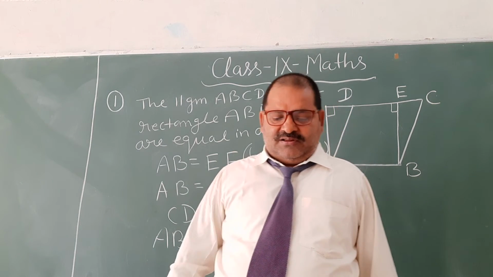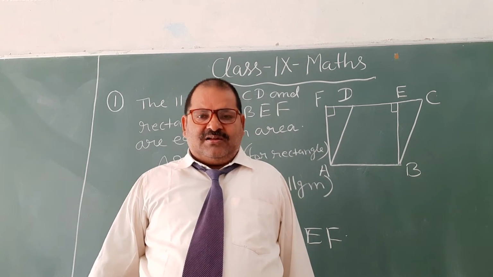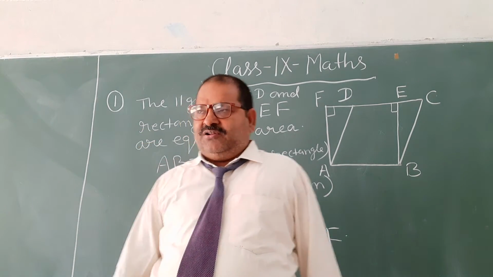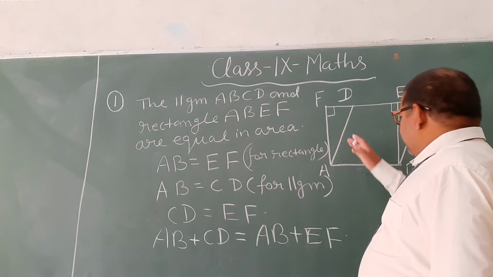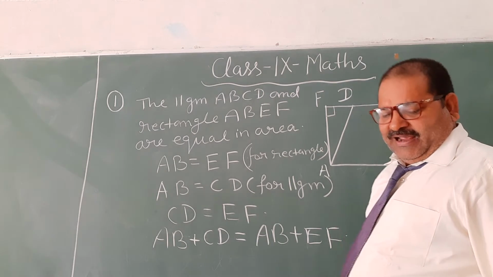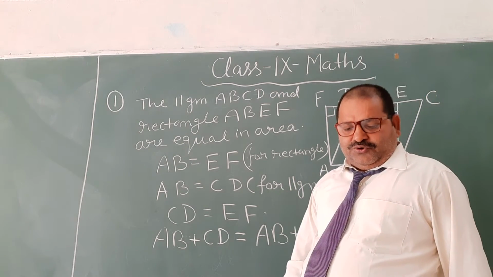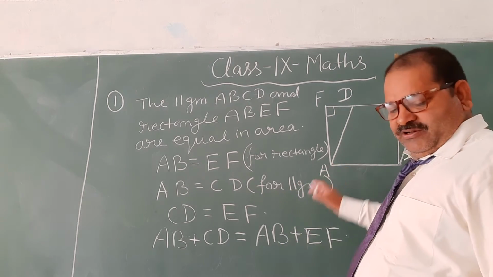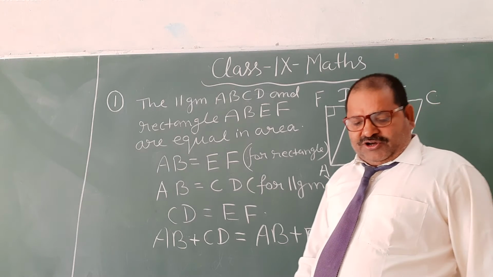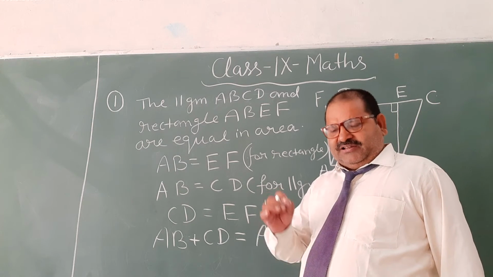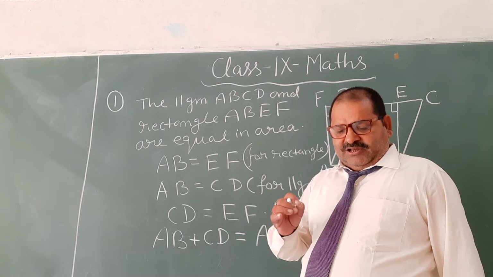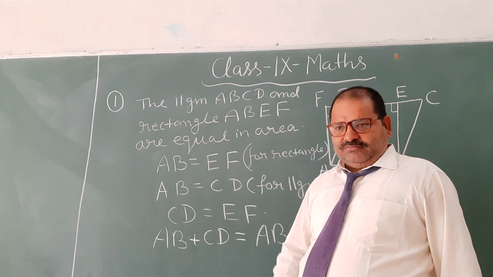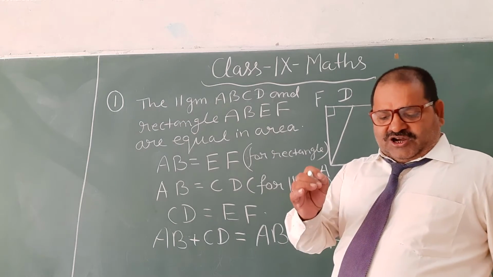Once again, of all the line segments drawn to a given line from a point not lying on it, the perpendicular line segment is the shortest.